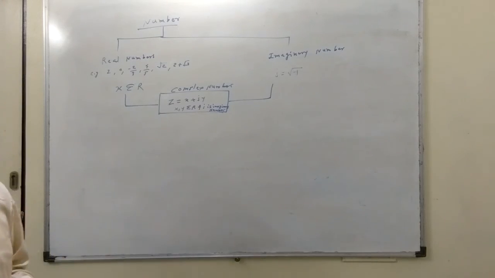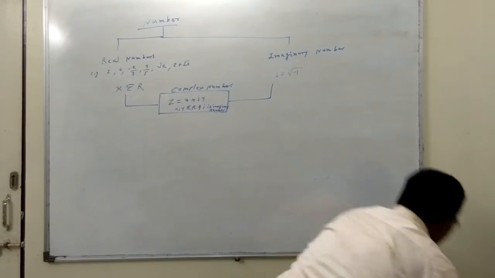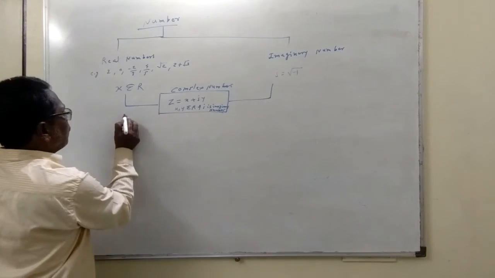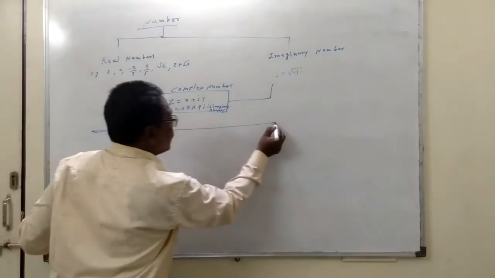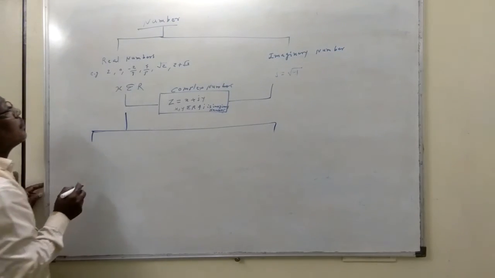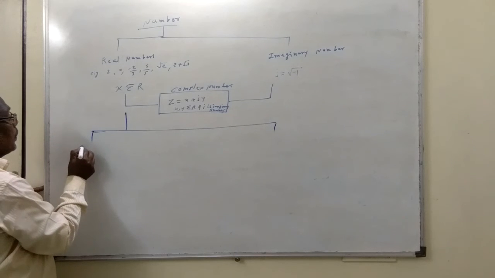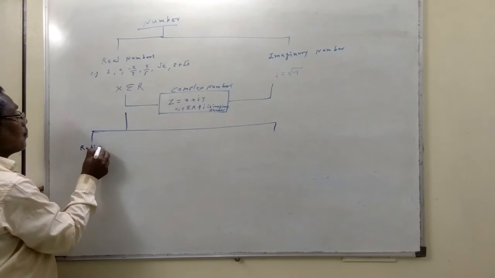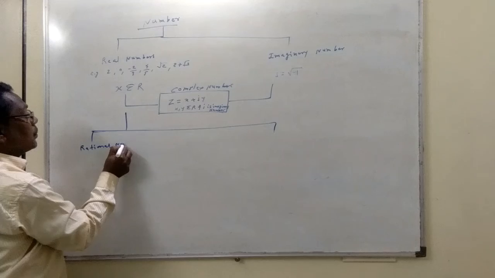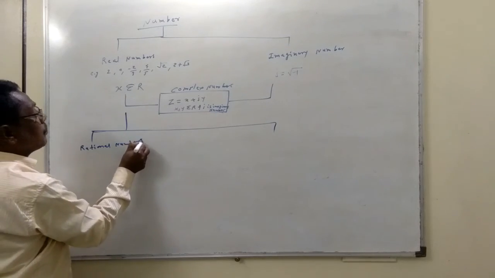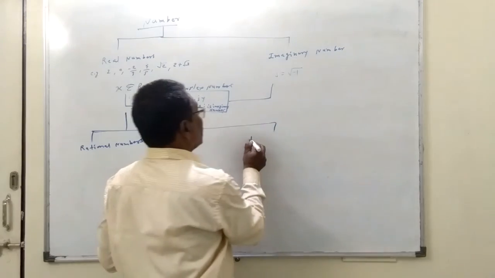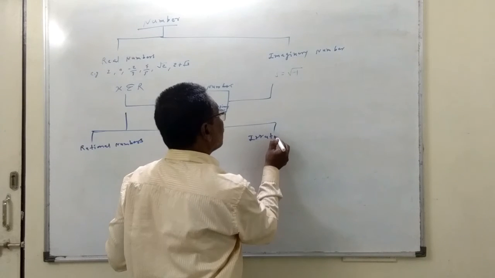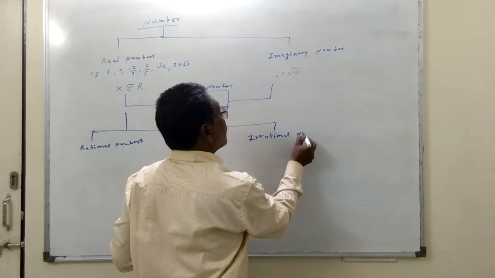Now real numbers are further classified into different groups: rational numbers and irrational numbers.